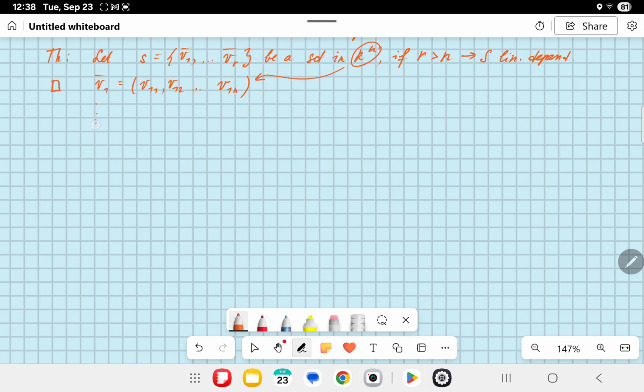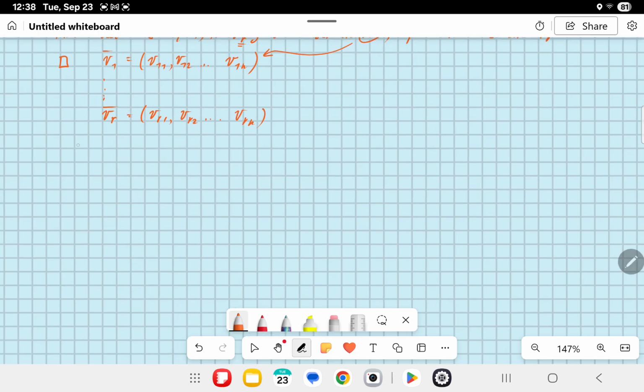How many vectors am I going to have? r. So my last vector is vr, which is going to be vr1, vr2, ..., vrn. Again, these v's are numbers which are like coordinates of a vector in n-dimensional space. Now, guys, I'm going to build a linear combination.